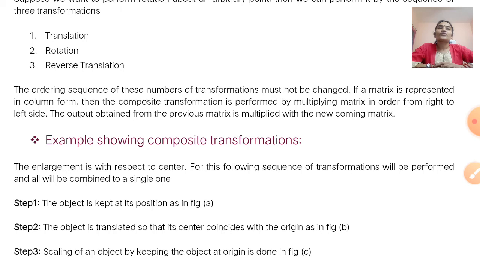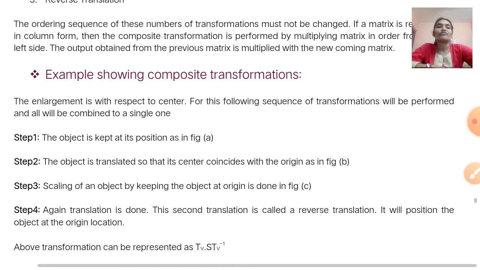So all of you recall matrix addition, subtraction and multiplication. Here matrix multiplication is very important. The process of how different matrices are multiplied, all of you recollect, because here matrix multiplication is very important.